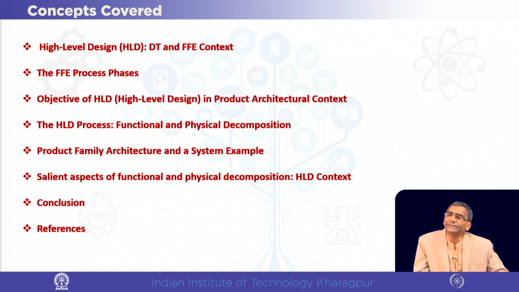So, there may be n number of variants, and that is kind of a product platform or product family. So, we may look at it as a particular product, or we may look at it as a product family with n number of variants. If we just take one variant, say variant number 3, that will be just one product.